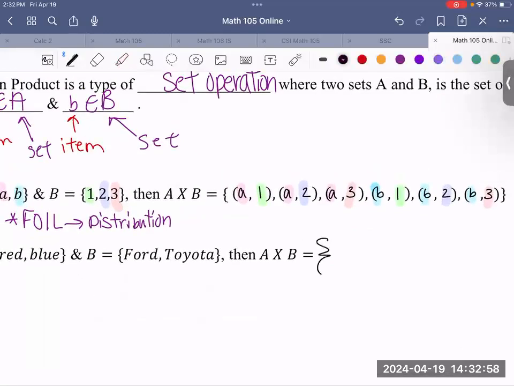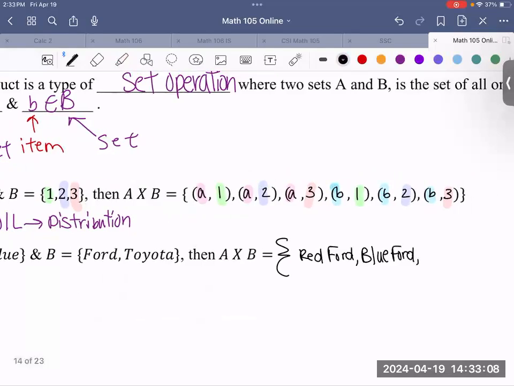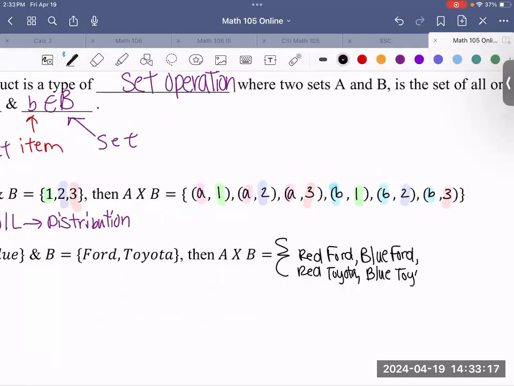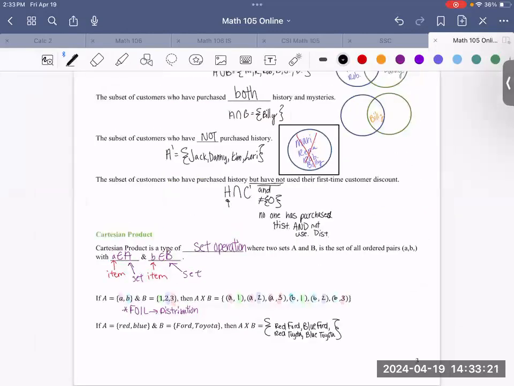So your first element is a red Ford. Your second is a blue Ford. And then again, red Toyota and a blue Toyota. So it might seem pretty silly and basic right now, but you're going to be seeing the usefulness when we do go with a pivot table.